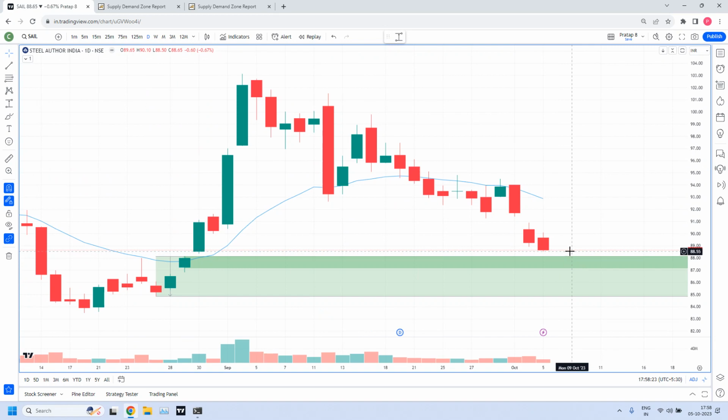So we didn't get the entry. The stock is yet to get into this demand zone, probably tomorrow or the day after tomorrow. We can expect the entry.